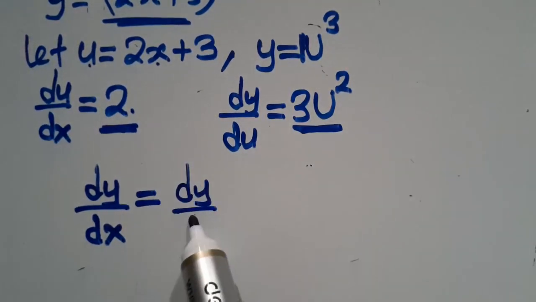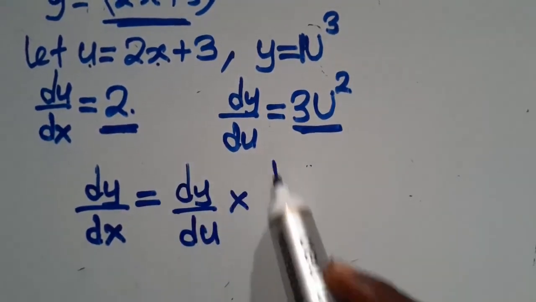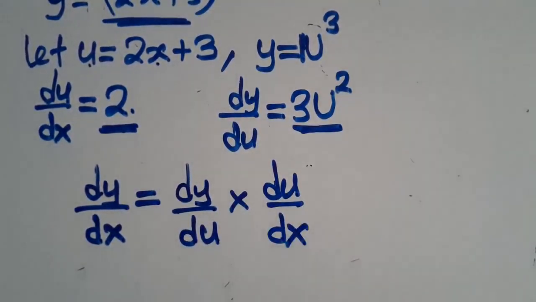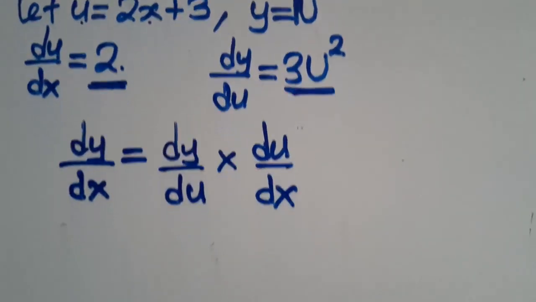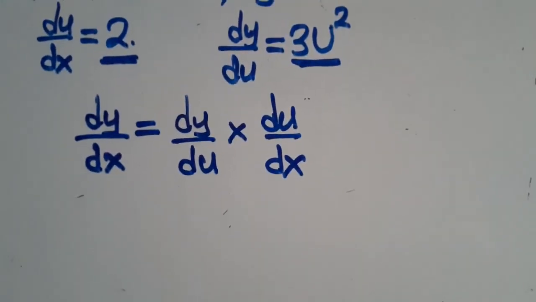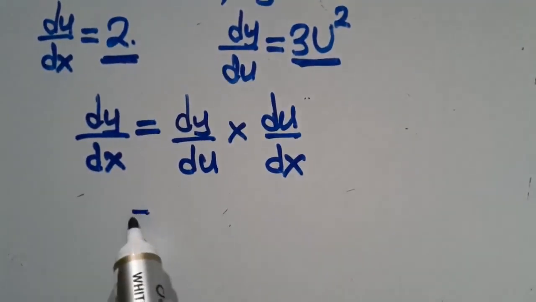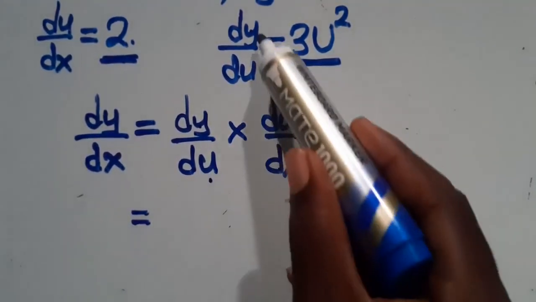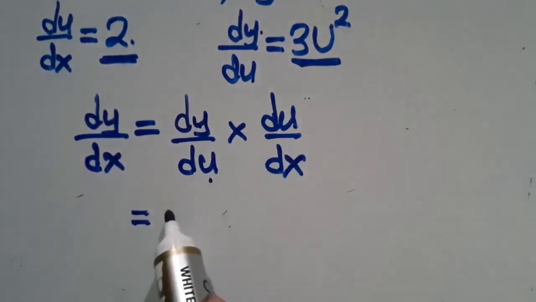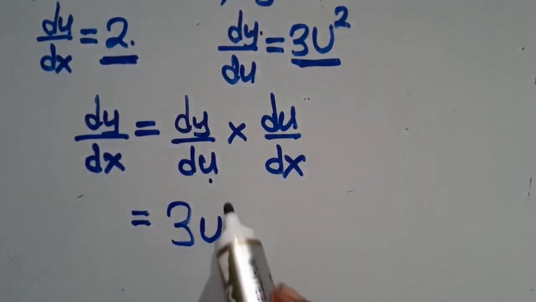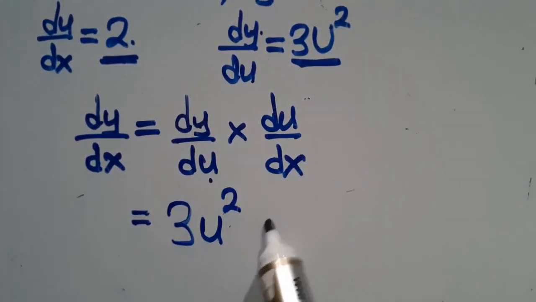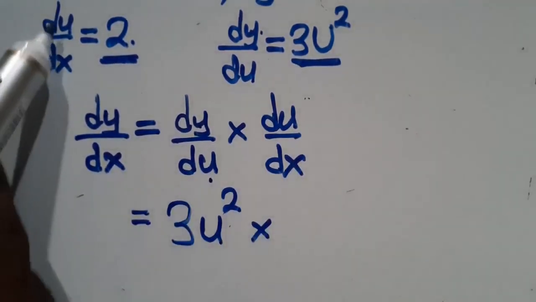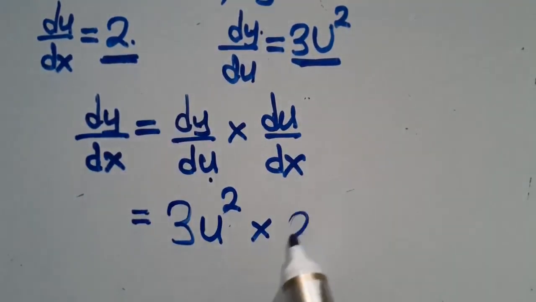So you say dy/du times du/dx. This is the formula that we are supposed to know, where we say dy/dx is now equal to dy/du, which is 3u squared, times du/dx, which is just 2.